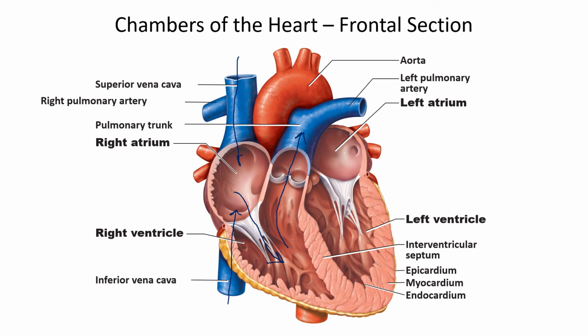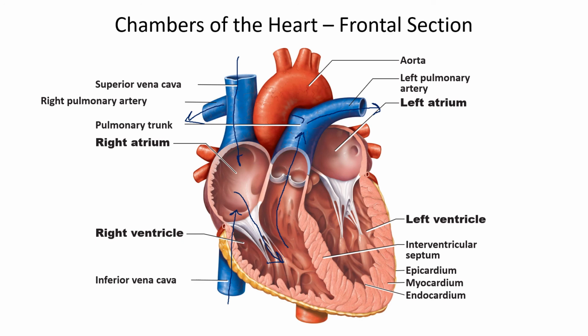From there, the blood is going to diverge into the left pulmonary artery, which will go to the left lung, and also through the right pulmonary artery and into the right lung. Okay, that's the right side of the heart. Now let's look at the left side of the heart.